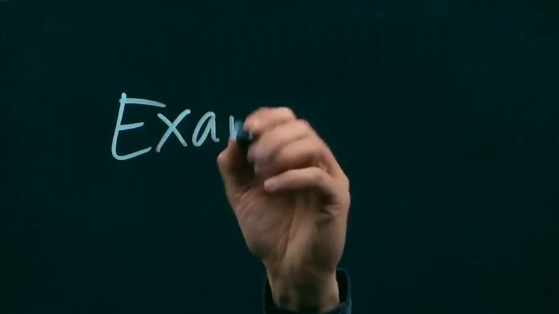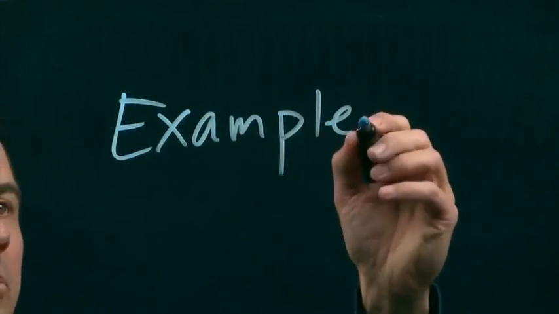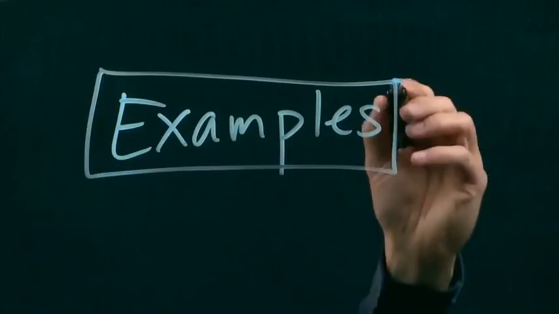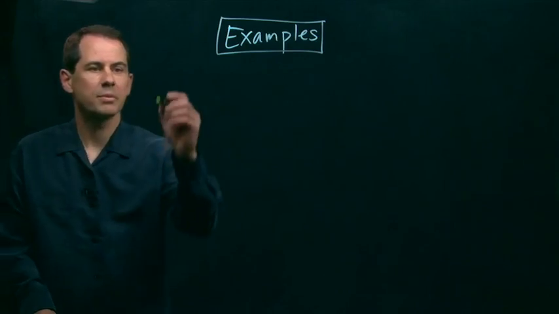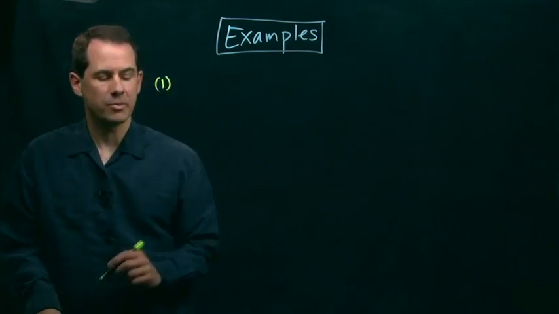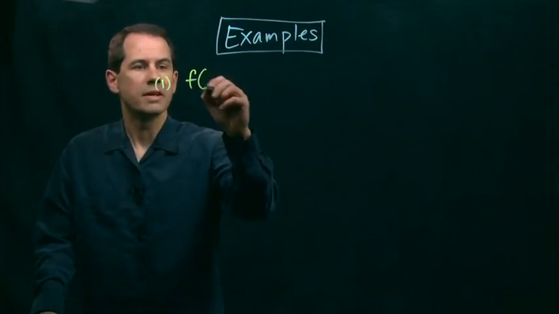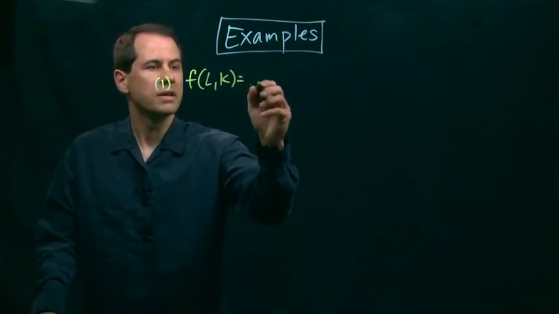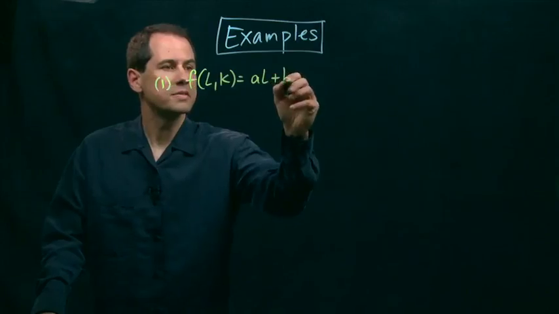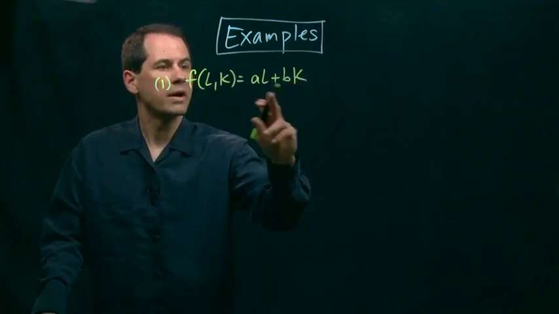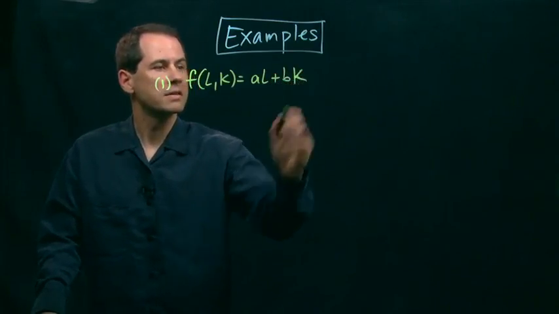As examples, let's look at the standard form production functions. The first example is the linear production function. Remember, that's F of L, K equaling AL plus BK, where A and B are constants.